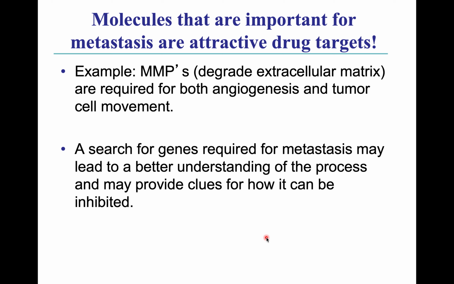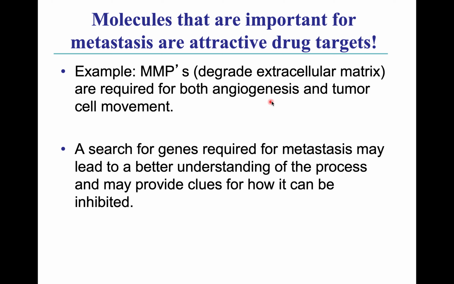And all these interactions that are having to happen. And lastly, I just wanted to reemphasize the fact that because metastasis is so important and is so deadly, it is a very attractive drug target, right? So anything that could be done to limit metastasis might reduce the deadliness, the severity of particular cancers. So, we talked about angiogenesis inhibitors, and there's a bunch of those that have been developed. But just to give you another example, we talked about those matrix metalloproteinases.